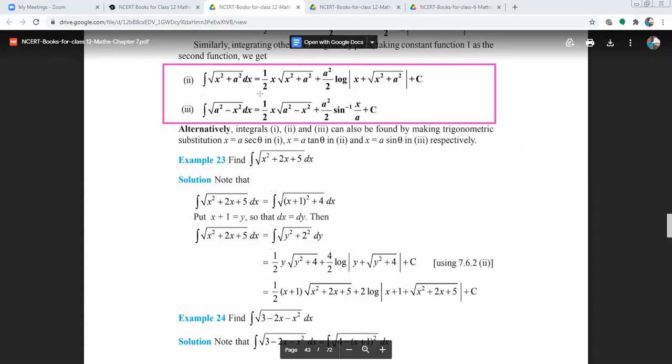Another one is integral of square root of a square minus x square dx is equal to x by 2 square root of a square minus x square plus a square by 2 sine inverse x by a plus c. Now we have got the equation of this form, right? It is 16 minus x square. So you are supposed to use this formula and find out the final answer.